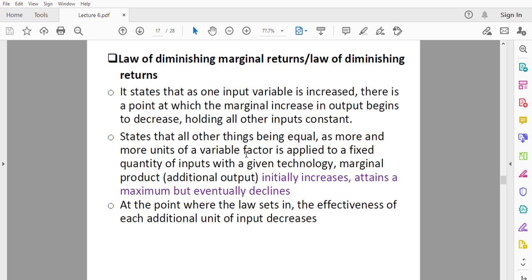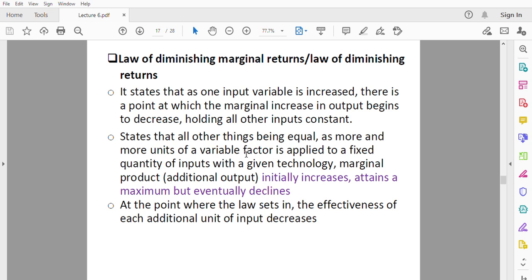Assuming you have a plant, a factory machine that produces certain tomato products. Your variable input is the raw tomato. The machine is very big, so as you start and you input a few tomatoes, it will be producing, and if you increase your tomatoes, your production will very well increase.